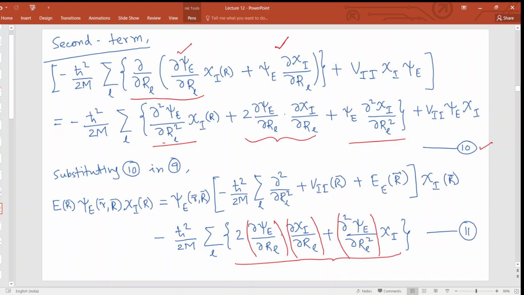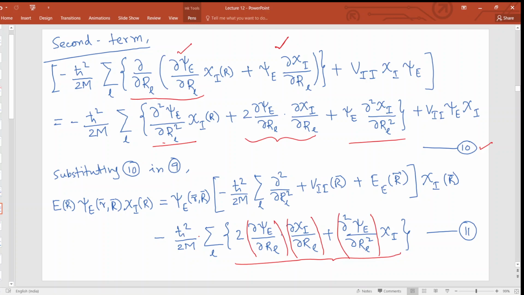So if psi E does not have any measurable variation with RL, of course the second derivative will be even lower, right? Which means that this term can again be ignored. Both the terms within the bracket will give almost negligible contribution compared to the first term itself. So we can simply ignore it under this assumption. What is the assumption? The assumption is again that we have decoupled the ionic motion from the electronic motion.